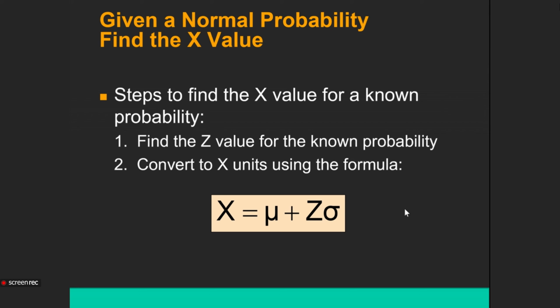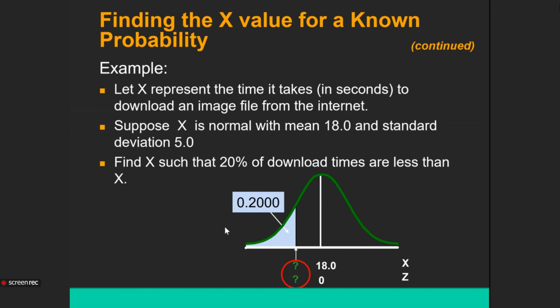Recall that the formula to find our z is z equal to x minus our mean divided by standard deviation. It is that same formula that we express in terms of x, so that x is equal to our mean plus our z multiplied by our standard deviation. So if you are given a normal distribution probability, you can find the random variable x.